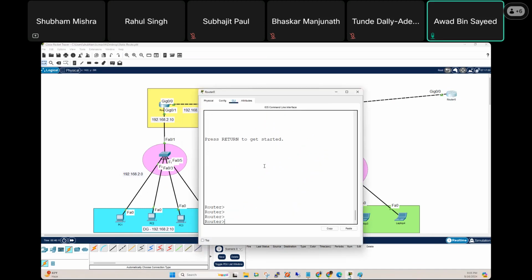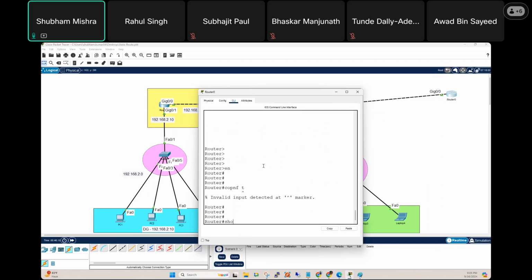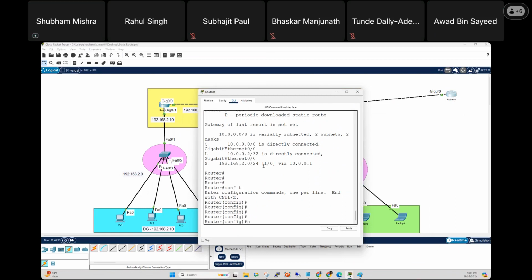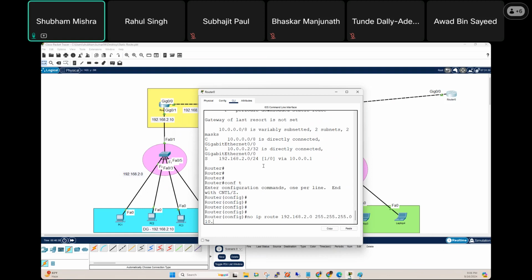Here I configure show ip route. Is there any route? What we configured for 2.0? Let me remove it: no ip route 192.168.2.0 255.255.255.0 10.0.0.1.